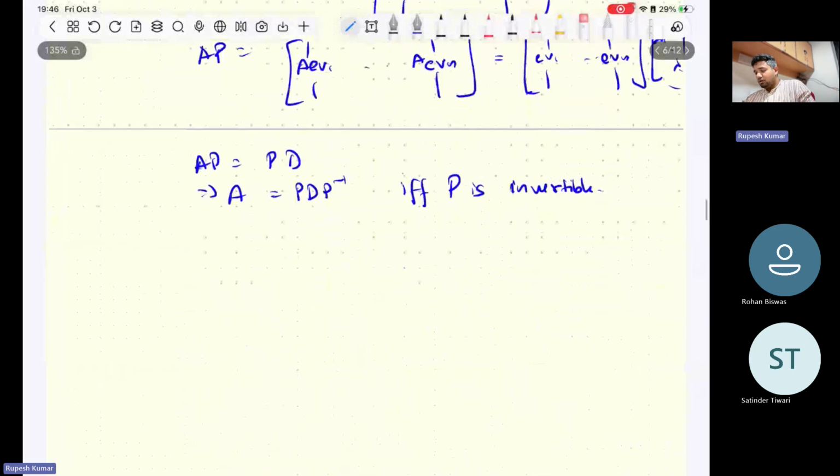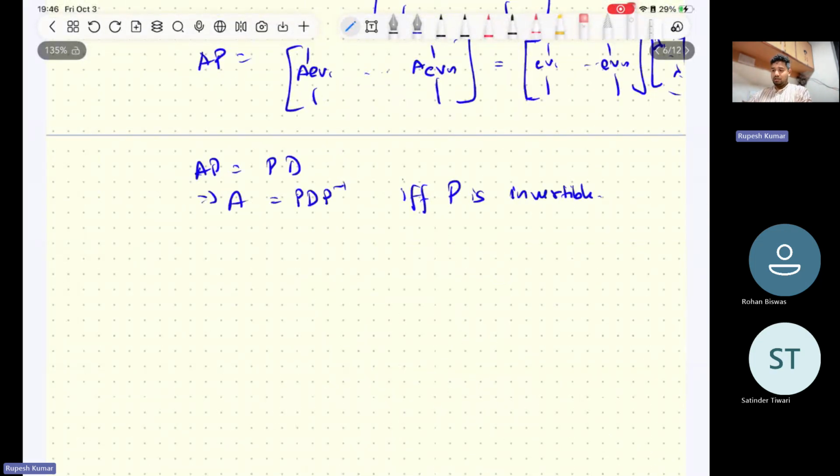We will see what this means. Does this exist for all kinds of matrices? Is there a set of matrices for which this is defined or not? These things we will see. Do you have any doubts in this?